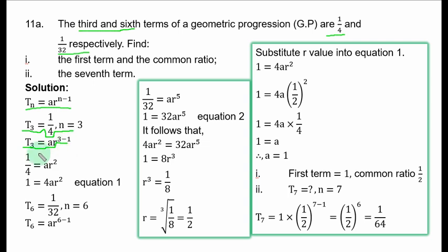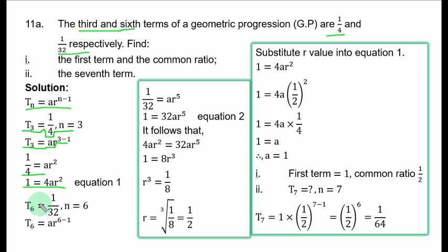The third term is 1 over 4 equal to a r squared if you subtract 3 and 1. If you cross multiply, you have 1 equal to 4a r squared. You call that equation 1.